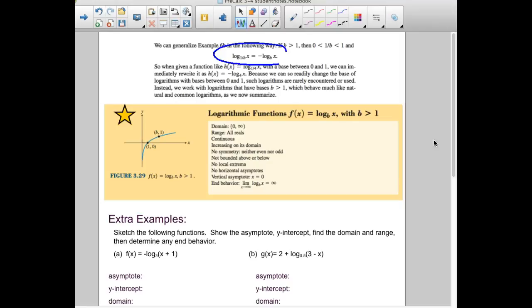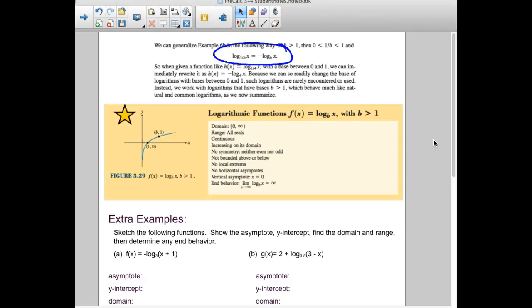So if you have a base that's a fraction, between 0 and 1, we can rewrite that as negative log base b. So you don't often see a base that's between 0 and 1. They're usually converted and just put the negative out front.